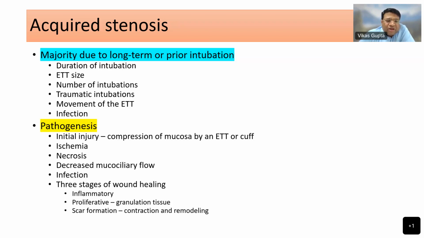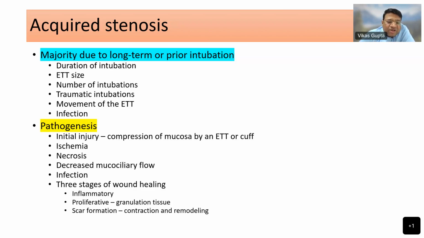In the pathogenesis, there is an initial injury because of compression of the mucosa by the ETT or the cuff. The ETT itself may directly hit the mucosa of the trachea, or the cuff pressure may cause necrosis of the mucosa. Because of this necrosis, there is decreased mucociliary flow, which causes infection. So there is a complex event: an injury, a necrosis, and then, because of decreased mucociliary flow, an infection.